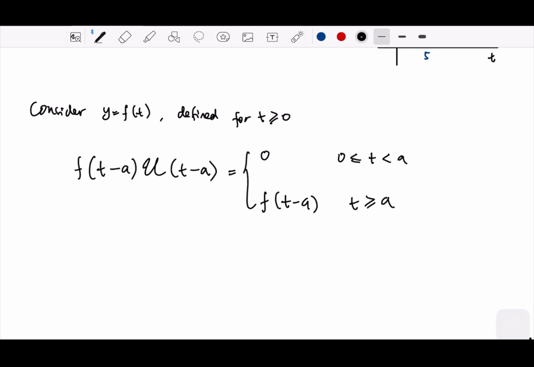We are going to move on to the second translation theorem, from this statement here.